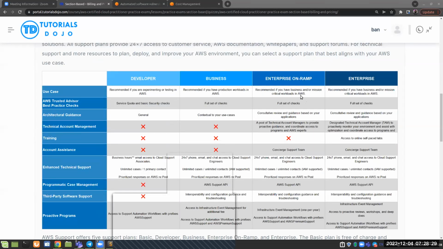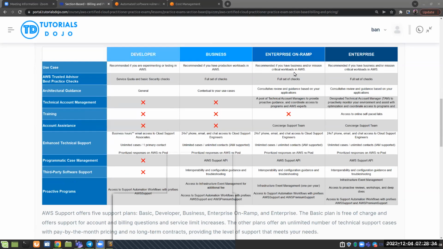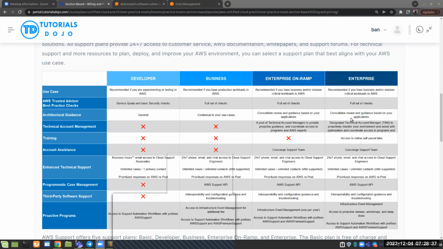Enterprise On-Ramp was introduced recently, and it always has a pool of technical account managers. So everyone should notice the difference between Enterprise On-Ramp and Enterprise. Before, we didn't have Enterprise On-Ramp, but it has just been introduced. On Enterprise, you have the TAM, the designated technical account manager. You should know what they do: they monitor your environment, assist you with optimization, and coordinate access to programs. For Enterprise, you have a designated technical account manager.